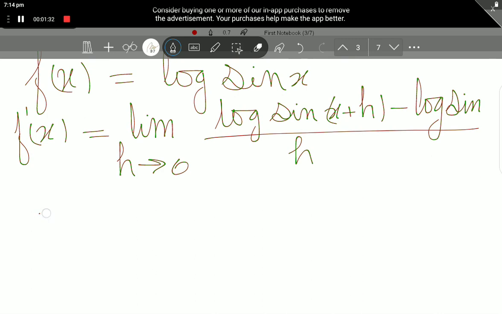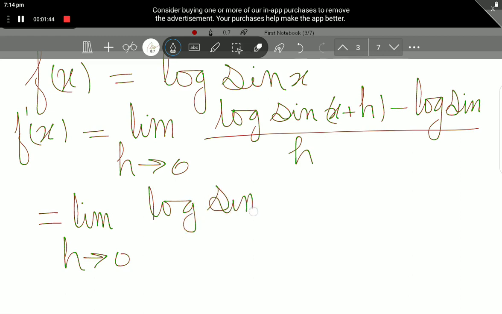Once again, f dash x equal to limit h tends to 0, log of sin of x plus h minus log of sin x, divided by h.